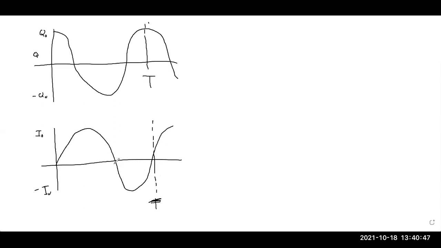We're halfway through a period. The current is 0 again, but the charge has flipped. And the current starts flowing in the opposite direction to bring the charge back to how it used to be.